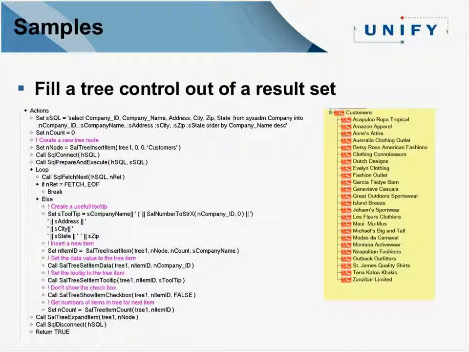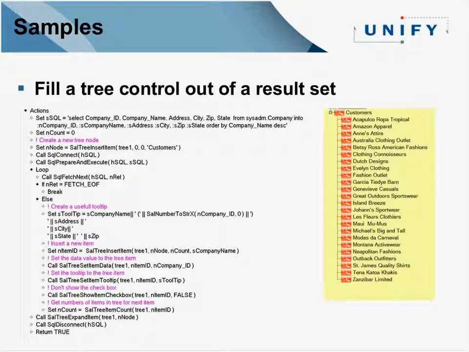I set n item ID equals tree insert item tree 1 for the node, so the top level, and then n count, in this case 0, because there's no entry inside this subtree because it's new, and I fill in the name as company name to be displayed inside the tree control.